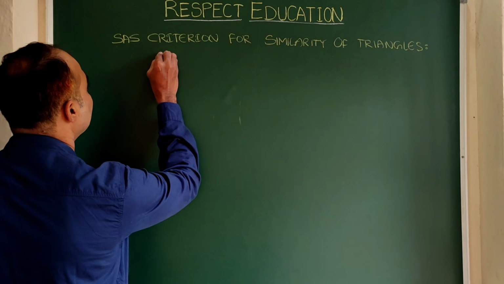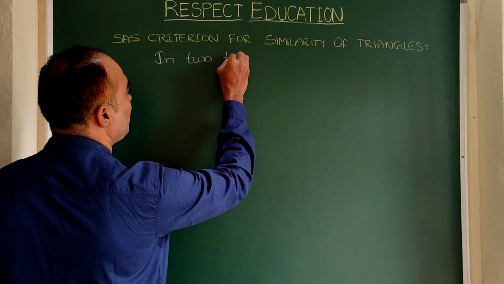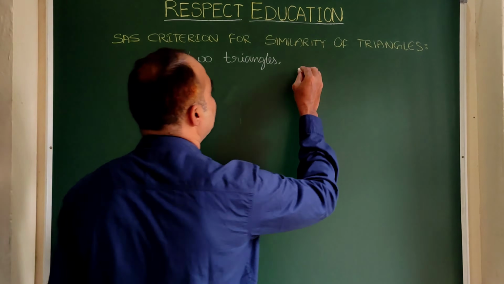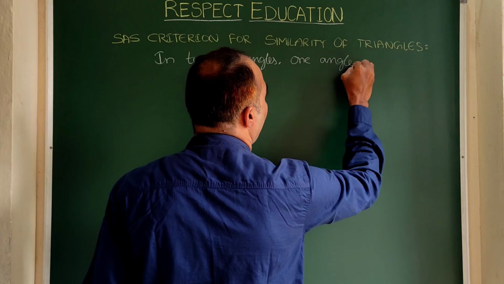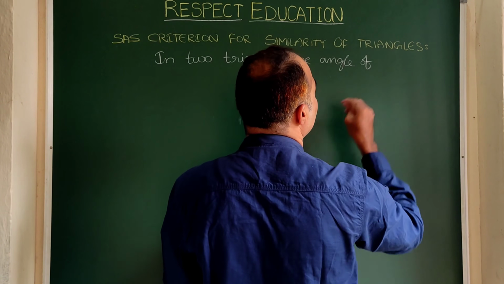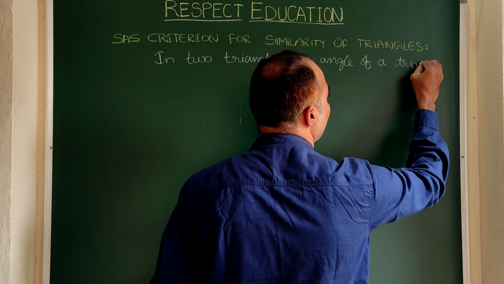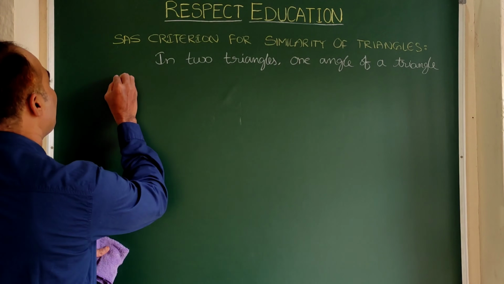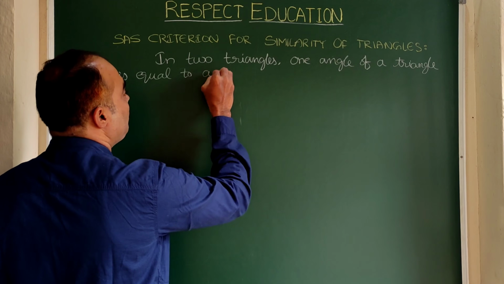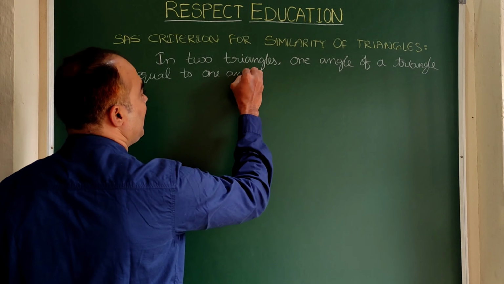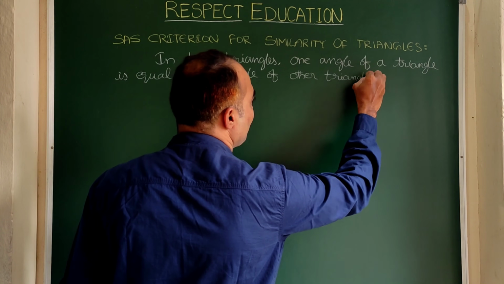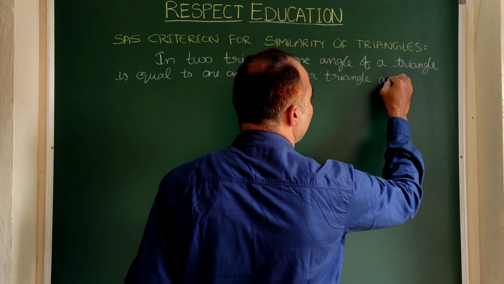In two triangles, one angle of the first triangle, or we can write one angle of a triangle, is equal to one angle of the other triangle, and the sides.